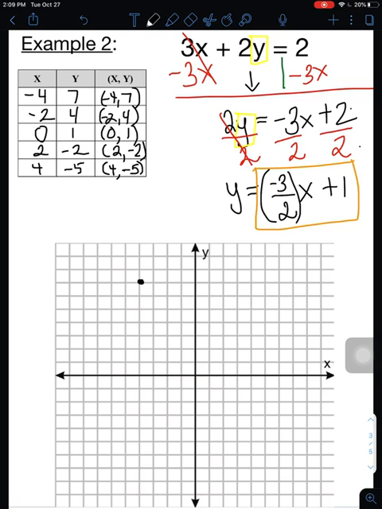Okay, negative 2, 4. 0, 1, 2, negative 2, 4, negative 5.